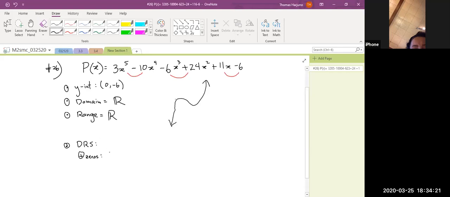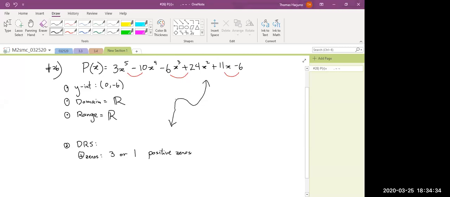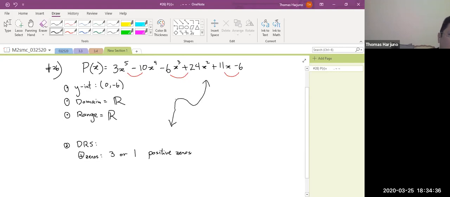So there are 3 or 1 positive zeros. Now, in other words, even though we know that this polynomial has 5 zeros, only 3 of them will be positive.